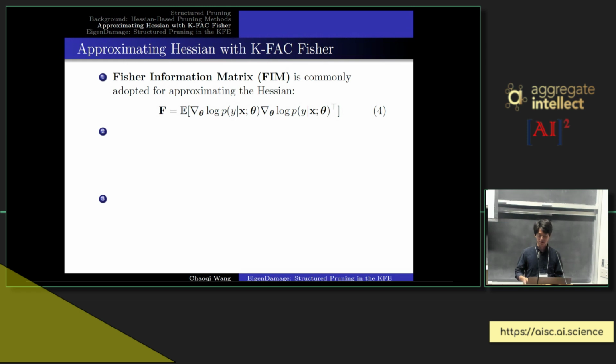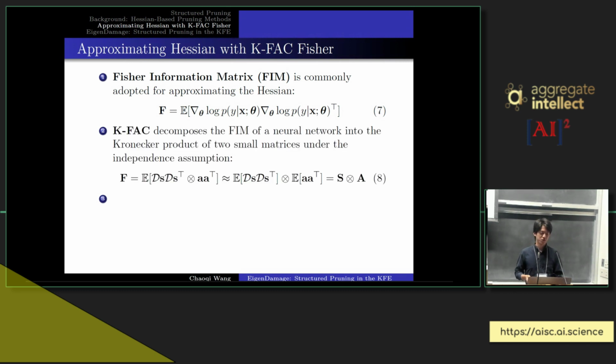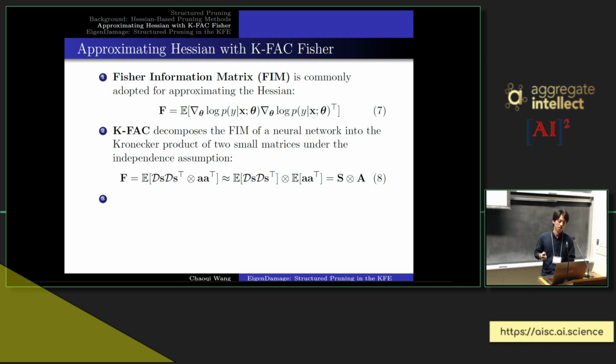That means we are still not able to compute the exact Fisher matrix. But for the Fisher matrix, we have a very accurate and efficient approximation, which is the K-FAC approximation. The main idea of the K-FAC approximation is that we can decompose the Fisher matrix of a neural network into the Kronecker product of two small matrices.